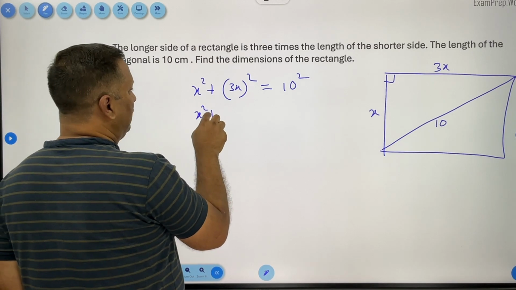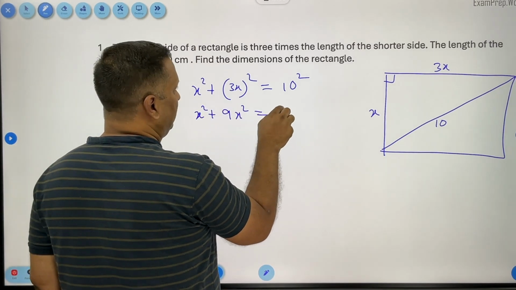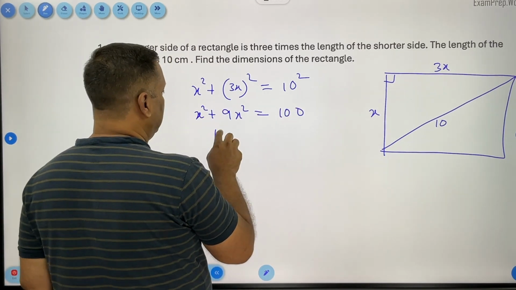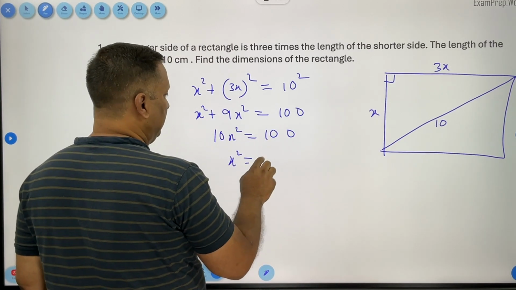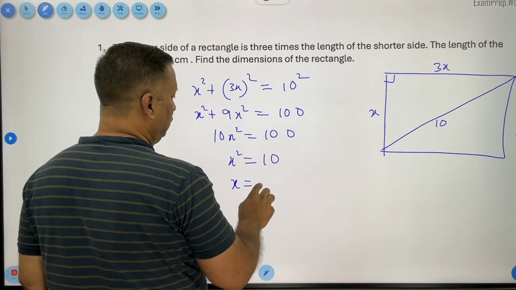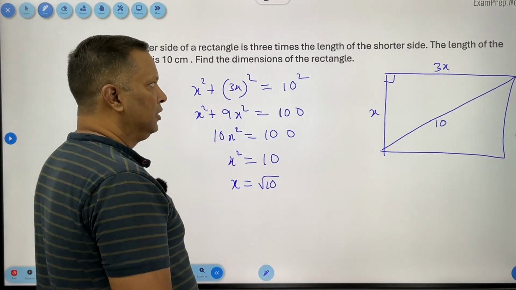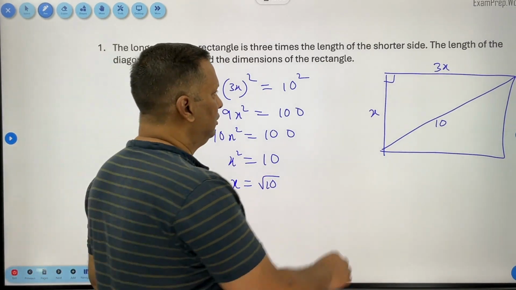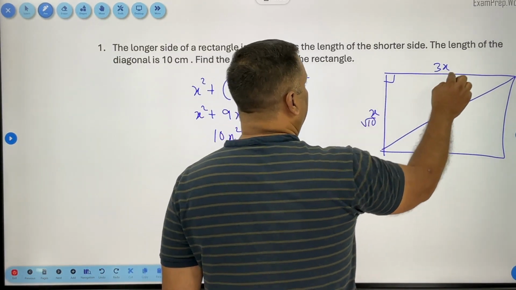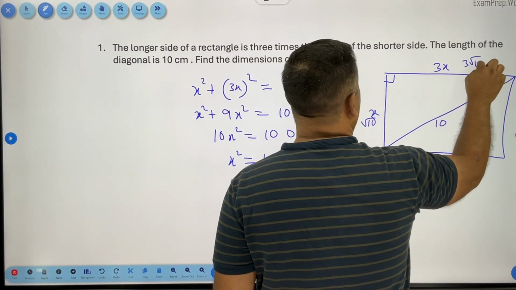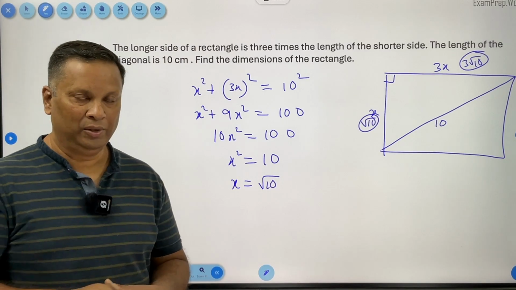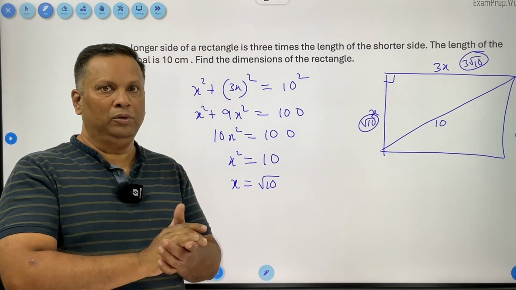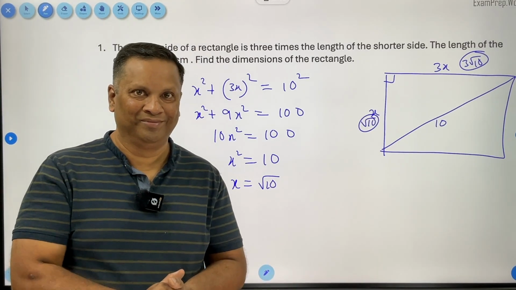So x square plus 9x square equals 100, 10x square equals 100, x square equals 10, x equals root 10. So the dimensions of the rectangle are root 10 and 3 root 10. That's the answer for this question. Okay, you understood? Pause the video and do it yourself, you will get it.